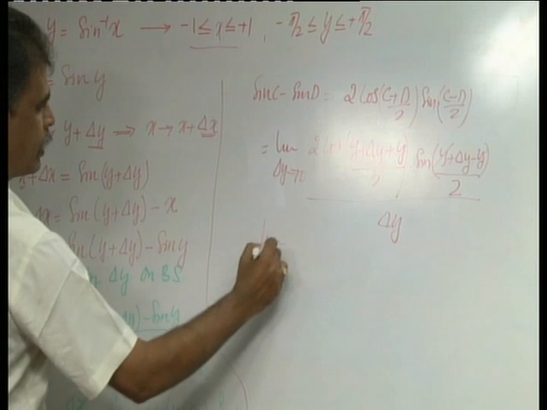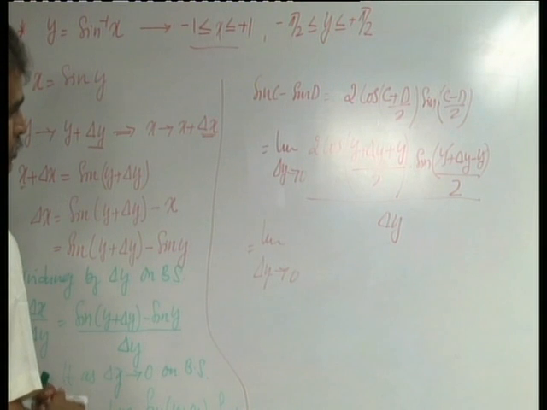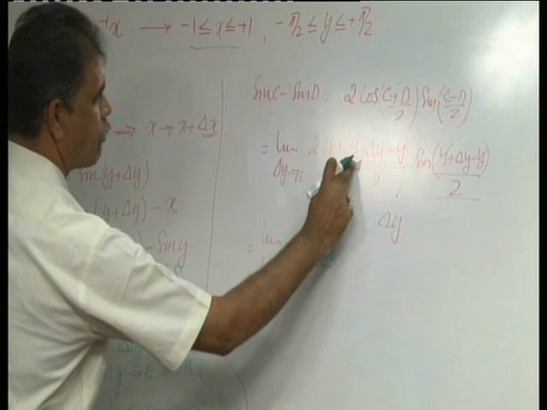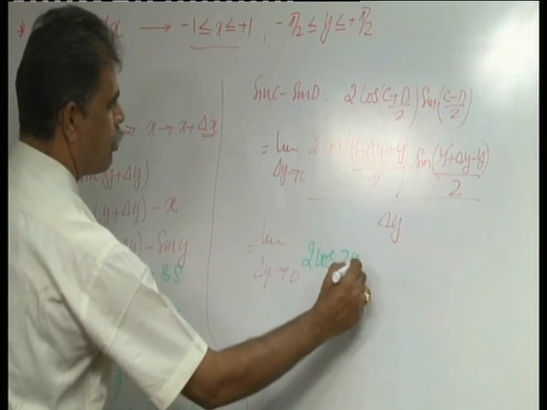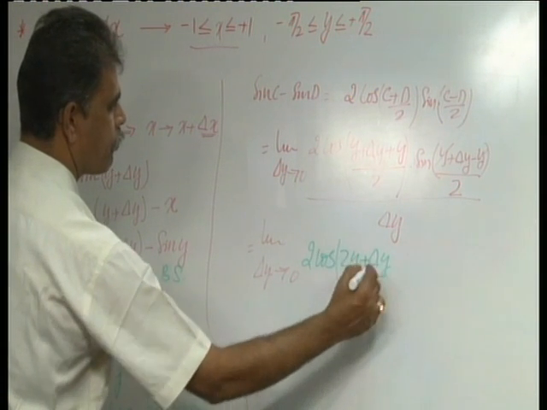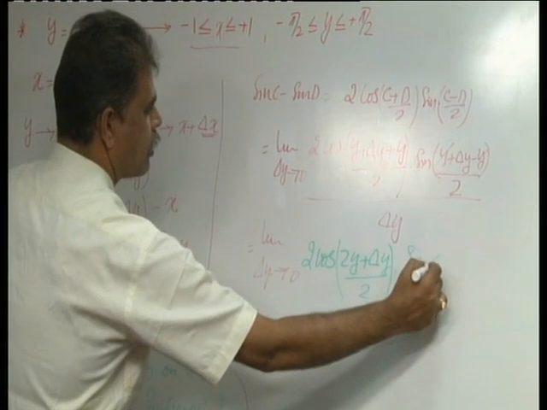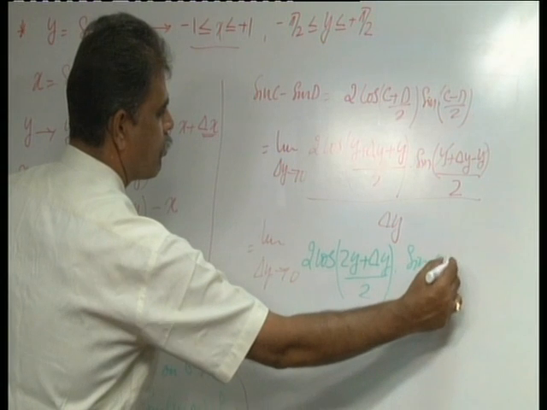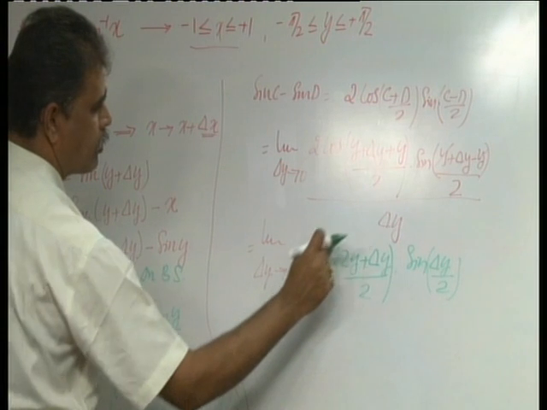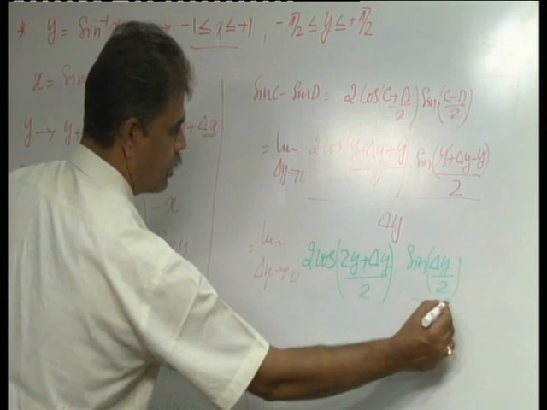This becomes limit of delta y tends to 0 of 2 cos of 2y plus delta y, whole divided by 2, into sin of delta y divided by 2. The denominator is delta y; since all terms in the numerator are products, I can take that delta y here.